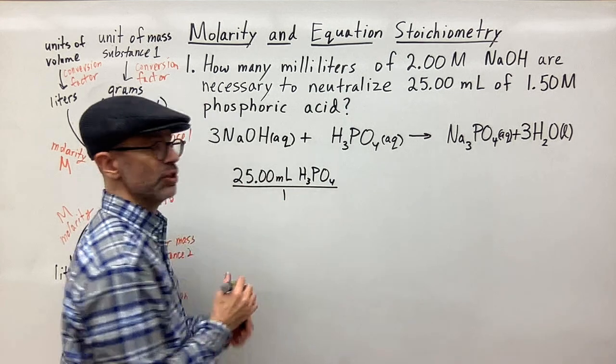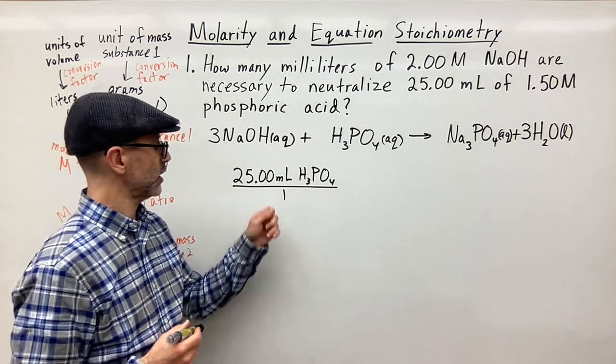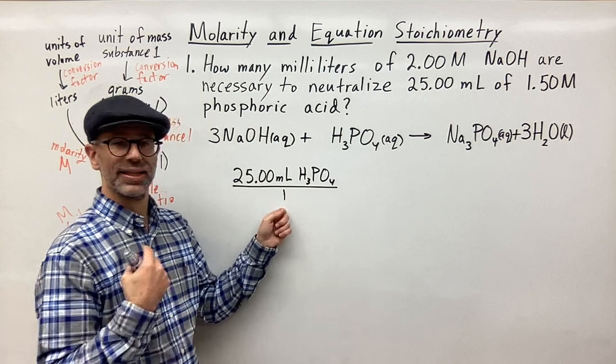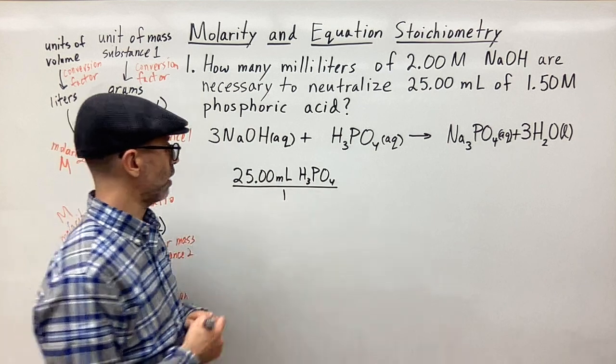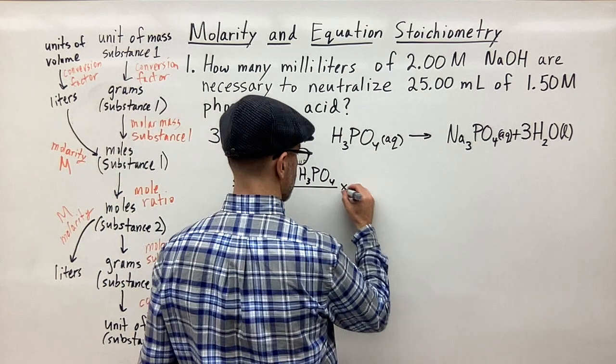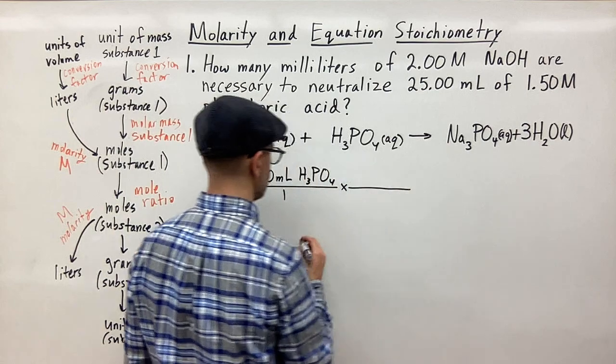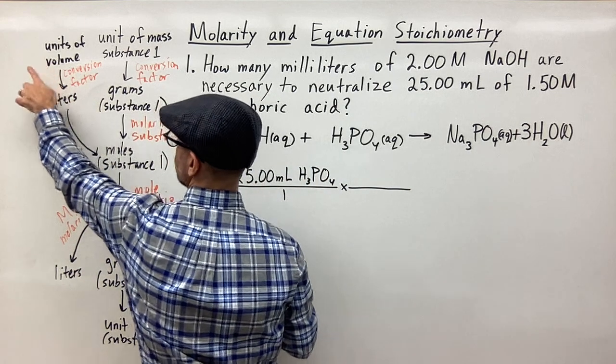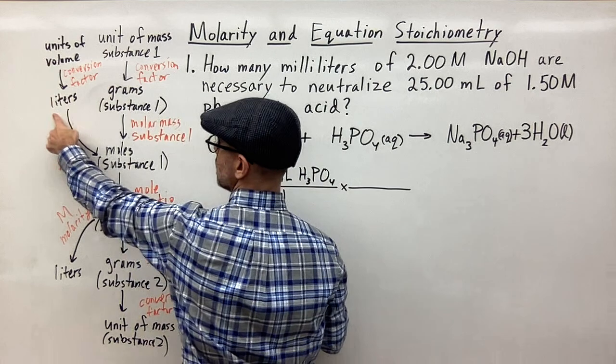In order to use the molarity as a conversion factor, I need to convert this to liters. This is milliliters of solution. I want liters of solution. So I'm going to need a conversion factor. So here I am at the volume that they give me, which is milliliters. I got to convert that to liters.